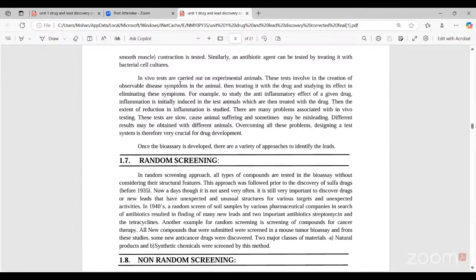In vivo tests are generally carried out in experimental animals. This test involves creating observable disease symptoms in the animal, then treating it with the drug and observing the anti-inflammatory effects. So inflammation is initially induced in the animals, which are then treated with the drug.